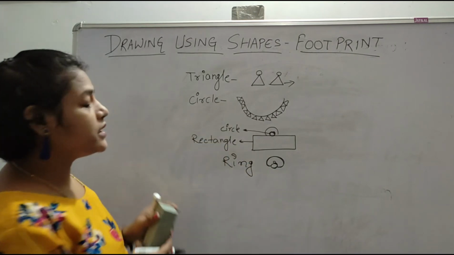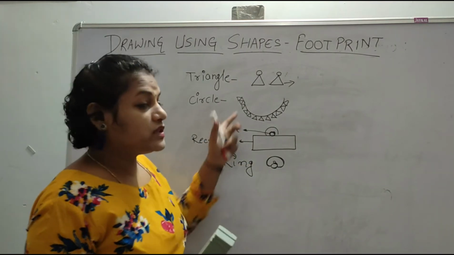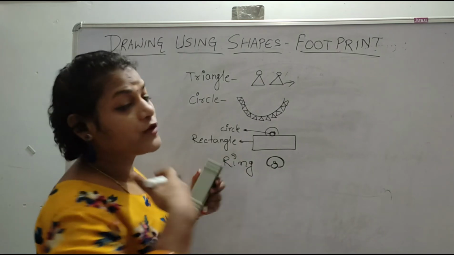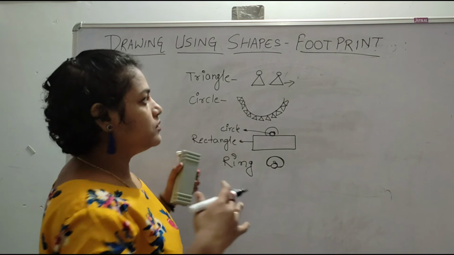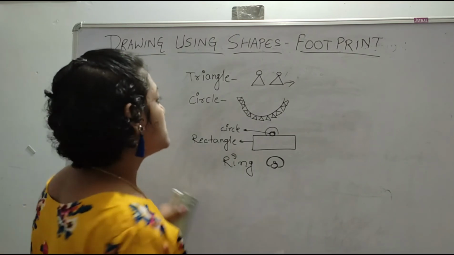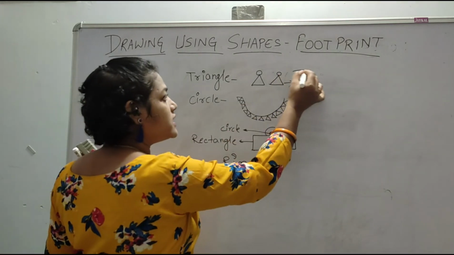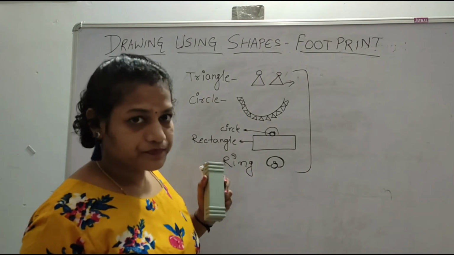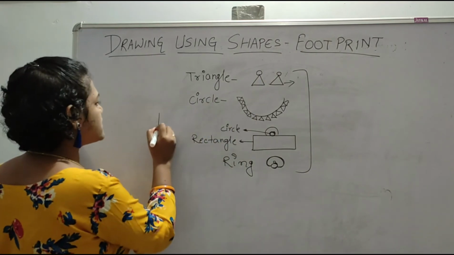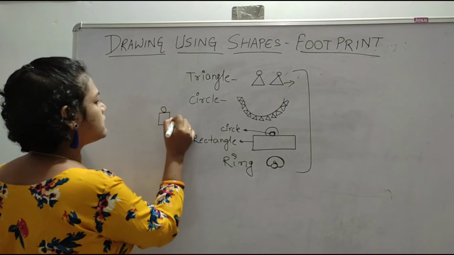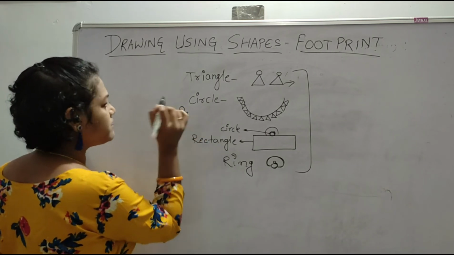So friends, what I mean to say here is, with these shapes you can draw different things also, so that when you teach your kids about shapes, you can tell them these examples also. If a square shape is there, you can make an earring of square shape.